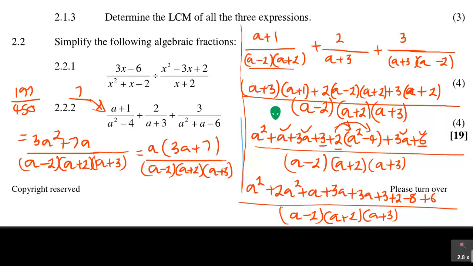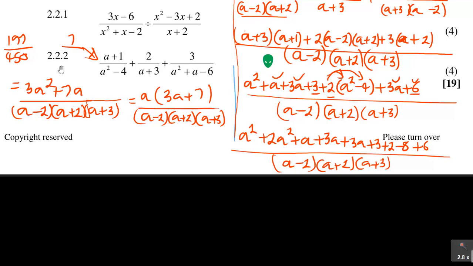So let's see now the expansion part, and the addition is the one maybe things went wrong. So I've got in this case a squared plus a plus 3a plus 3, which is correct, plus 2a squared minus 8, which is correct, plus now 3 times a, it's 3a, 3 times 2 is 6. So everything looks fine from this point of view. Now let us see the addition here.